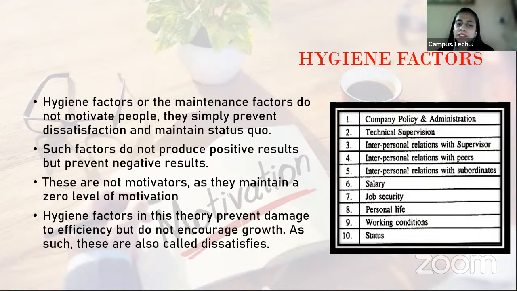Hygienic factors in this theory prevent damage to efficiency, but do not encourage growth. So it is going to prevent damage to our efficiency. If these hygienic factors are there, it is not going to make us less efficient. It will be constant, but it is not going to encourage it.